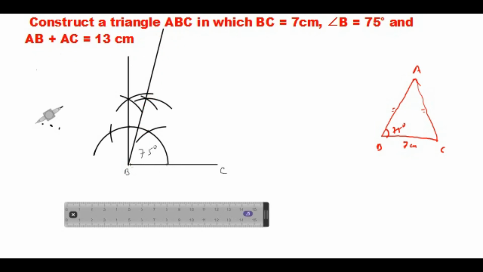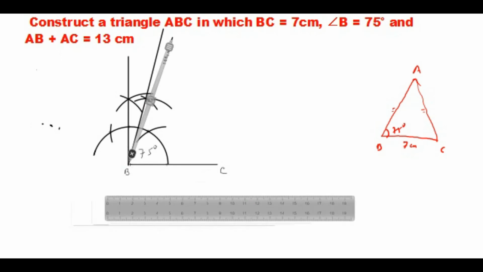So first you take the compass, this is 13 centimeters, and then you cut one arc here on this line. This point can be given any name. Suppose we take this point as P.